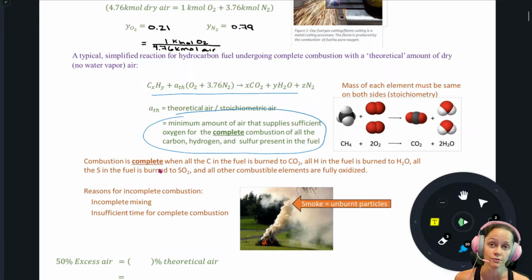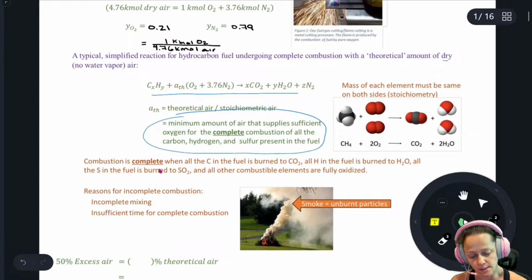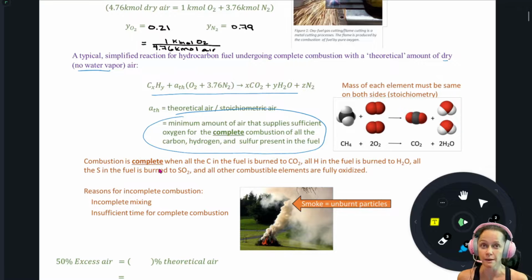We'll be doing a lot of chemical reaction mole balances, so it'll be sort of a flashback to chemistry. And of course this is dry air, so you don't have any water vapor, and we'll talk about what happens if we do and how we deal with that.